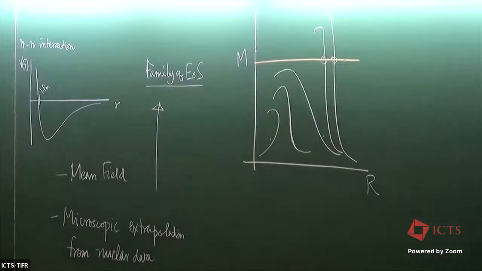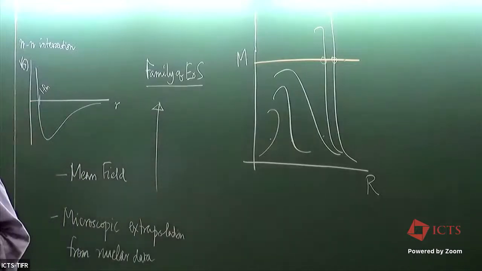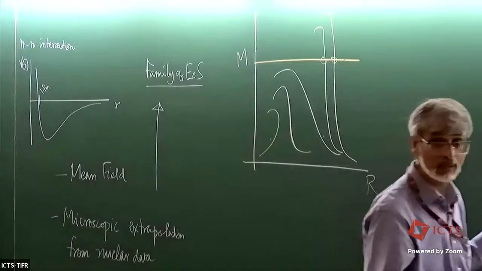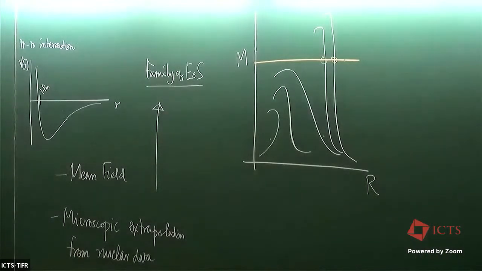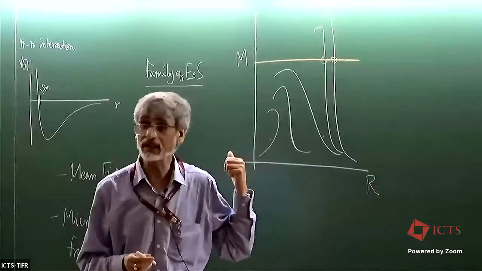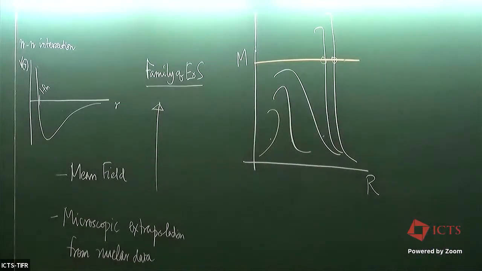The rate of that precession depends on the moment of inertia. So from the measurement of the precession rate, you can constrain the moment of inertia. And at the same time, if you have the measurement of mass, for example, of the system, that again acts as one of the important observational constraints.